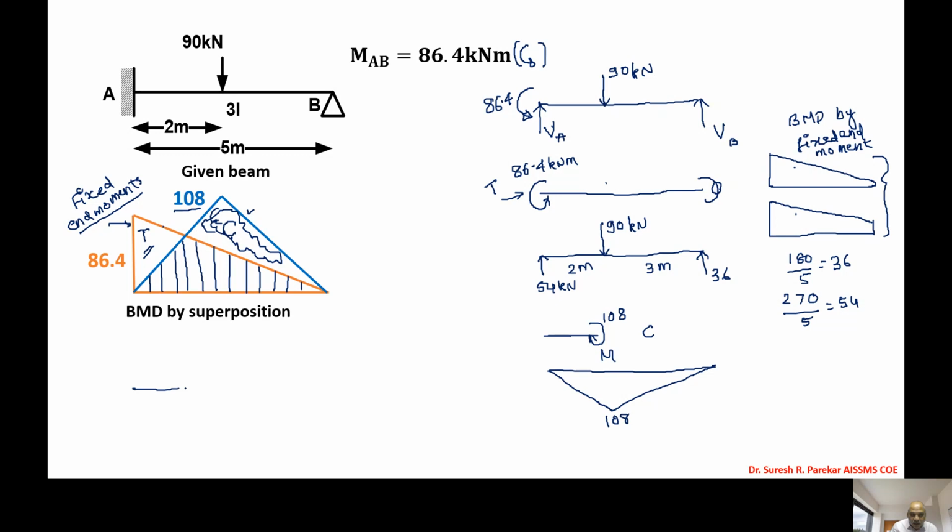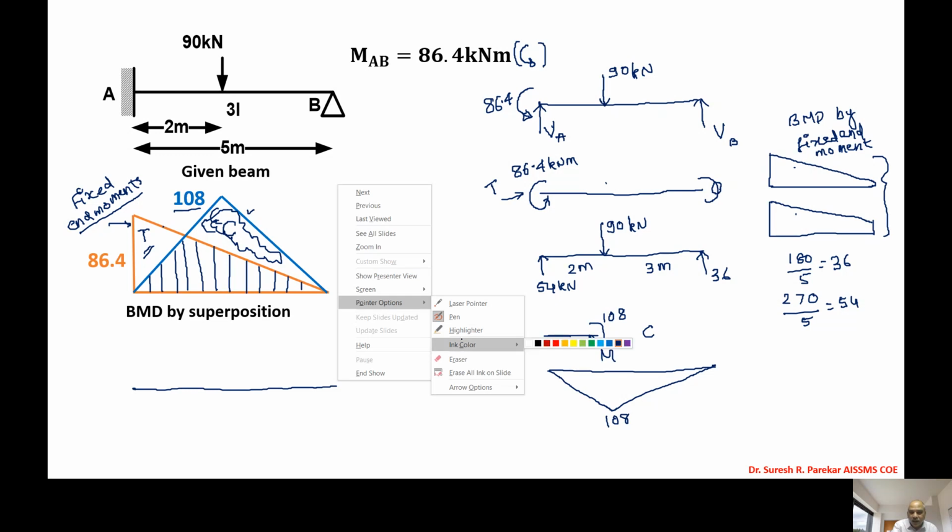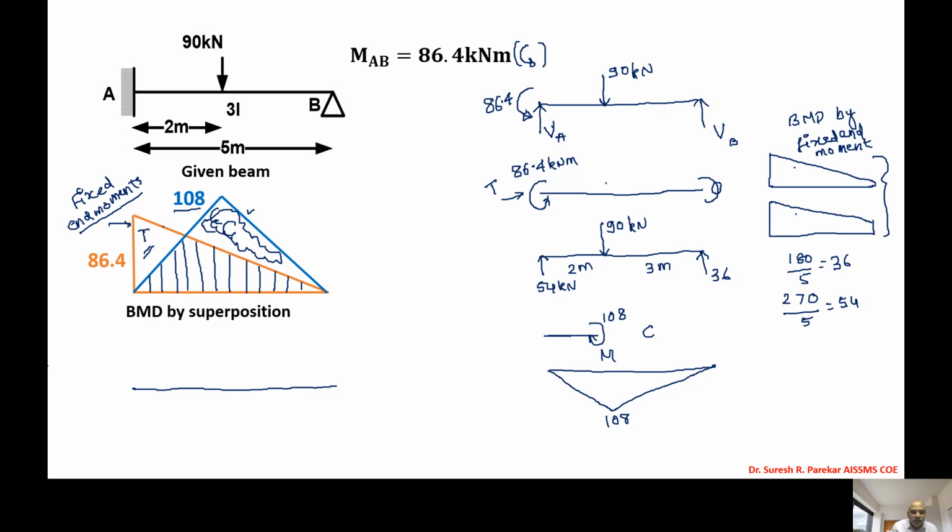So I will plot it. Now we have the first portion that is due to orange color, and now instead of orange I will use this color. So we have this value as 86.4. Now the point which is common for both has the same value and it becomes 0.